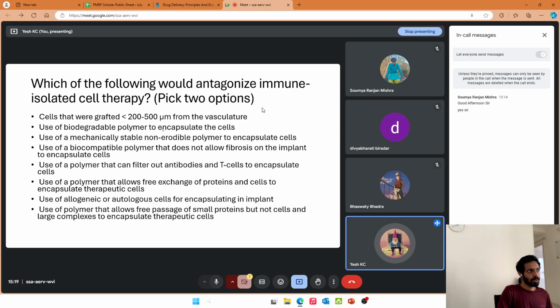And the problem with directly putting these cells into the body is your body's immune system will recognize these cells as foreign, and it will start attacking and killing these cells. So to prevent that from happening, you put a coating on top of the cell, like you encapsulate the cells.